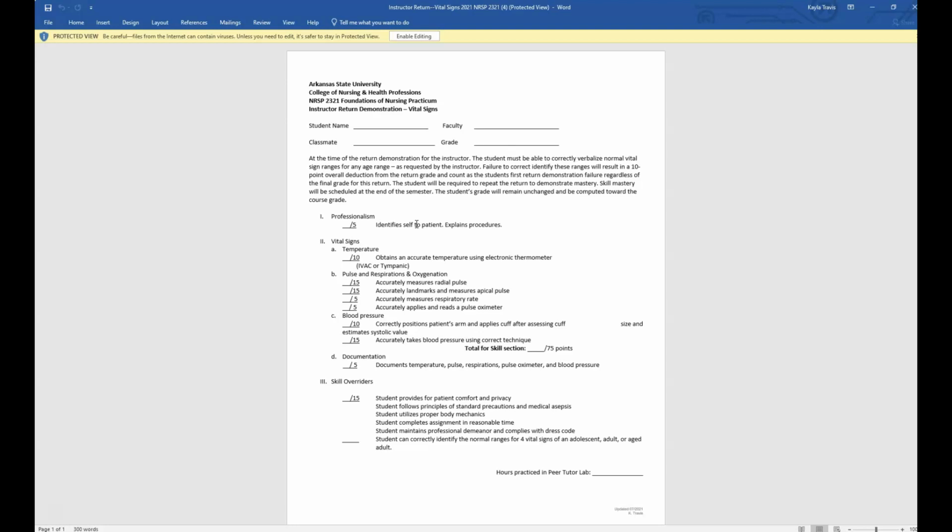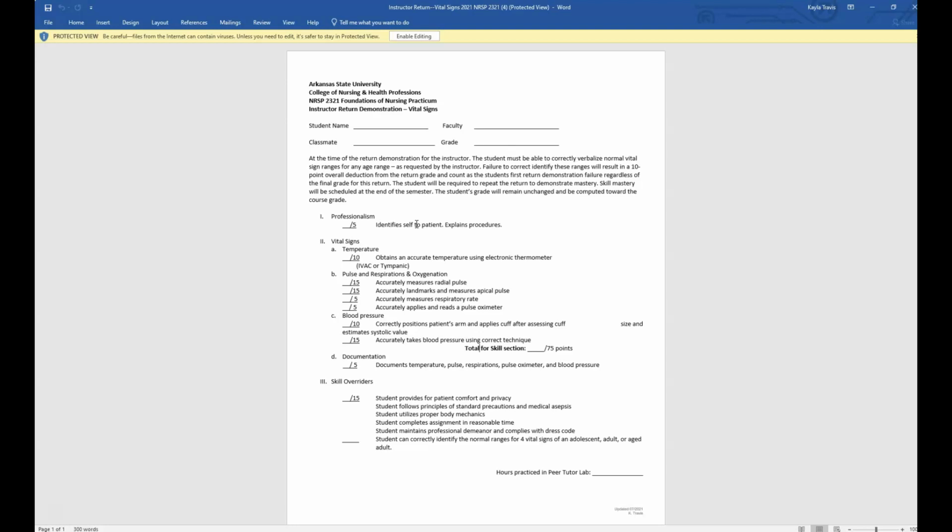For temperature, obtaining an accurate temperature using an electronic thermometer. If you take an oral, did you ask the appropriate questions? Have you had anything to eat or drink today in the last 30 minutes? Have you smoked? Have you had any dipped tobacco? Those type of questions. On tympanic, is there a reason I can't utilize this ear?